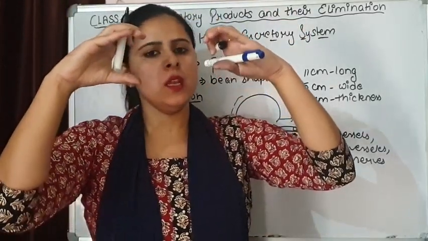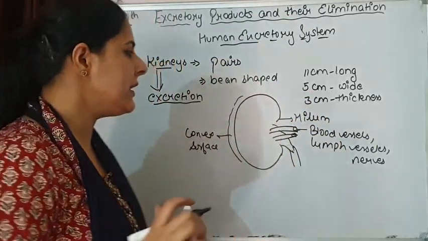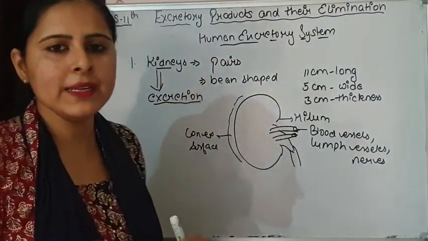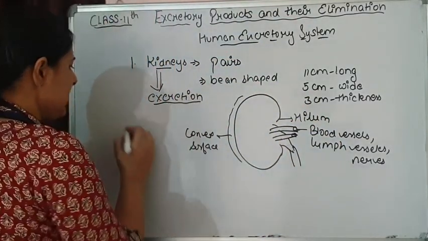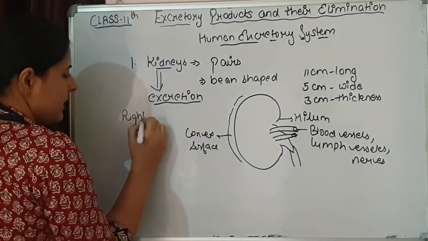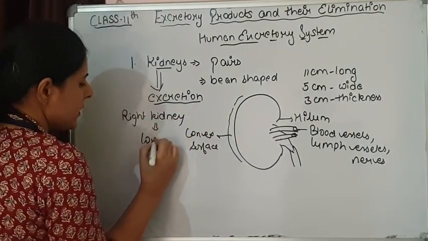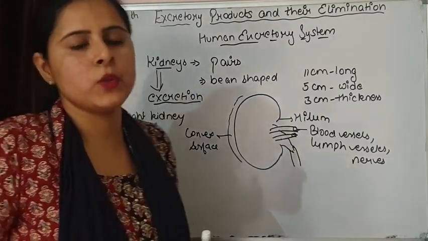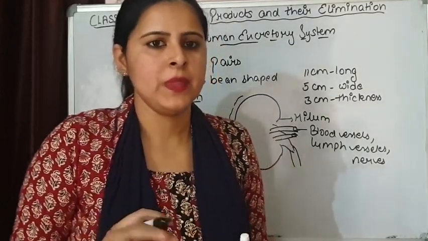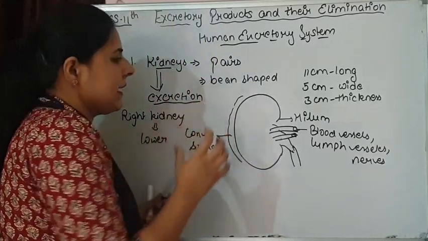This is how they are oriented. If we see the difference between the left and right kidney, the right kidney is present somewhat lower than the left kidney. These are some of the characteristics.